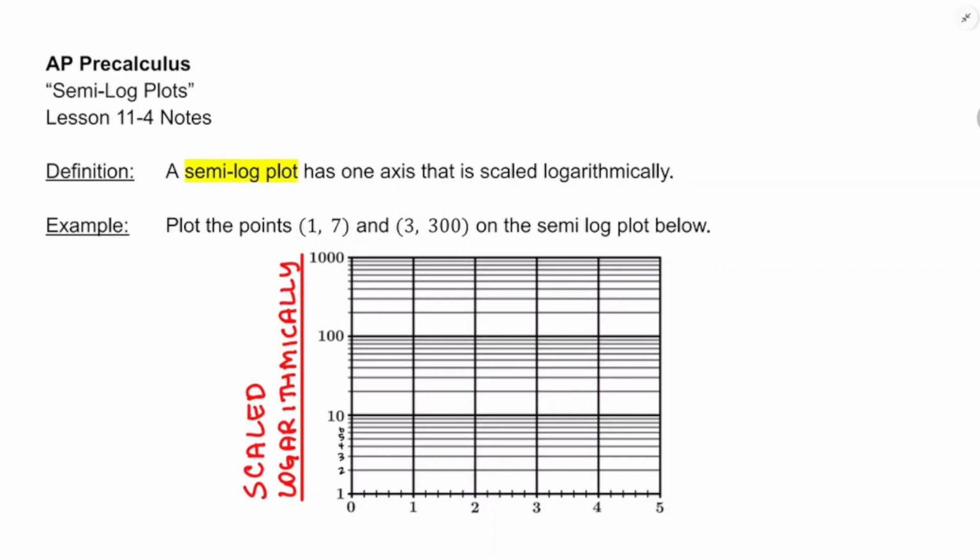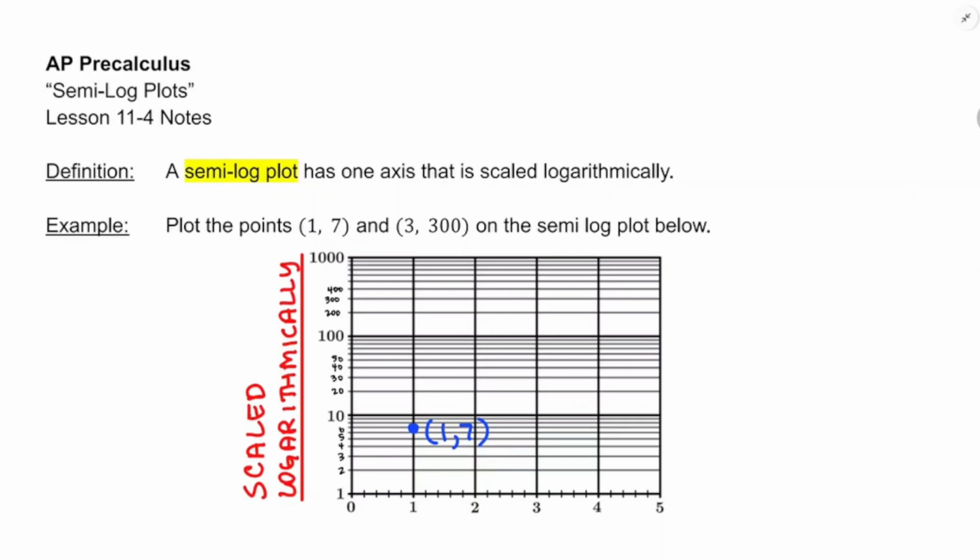But then after 10, 10 to 100 will be steps of 10, 20, 30, 40, 50, 60, 70, 80, 90. But again, it's getting really crowded up there. And then when I plot the numbers between 100 and 1,000, we're going to jump by 100. So 100, 200, 300, 400, 500, and so on.